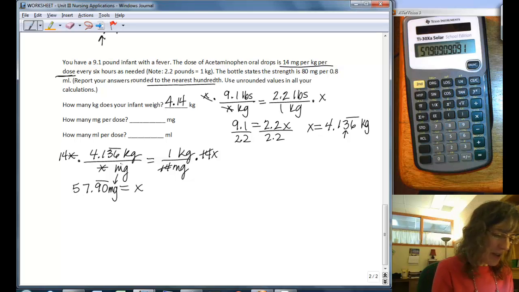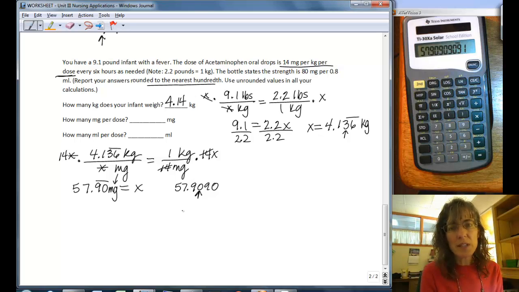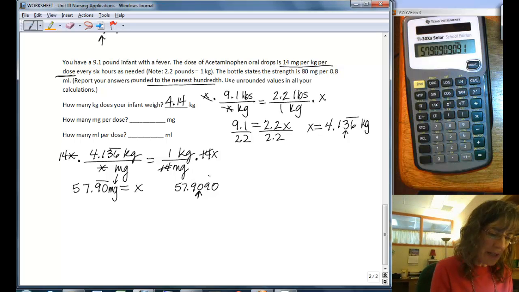So when I report this, remember, I need to round it to the nearest hundredth, so it's 57.9090, and I can write out a couple of the repetitions just so I know I need to round to the 0, and the next digit is a 9, so I have to bump it up to 1.